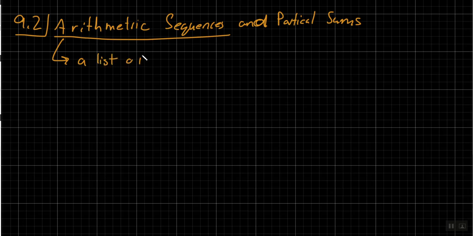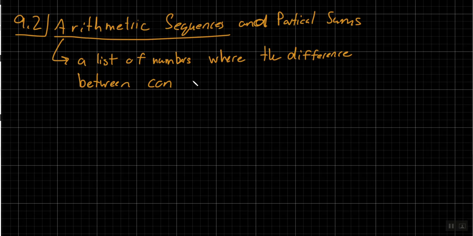A list of numbers, where, this is important, the difference between consecutive terms are the same and are a constant.